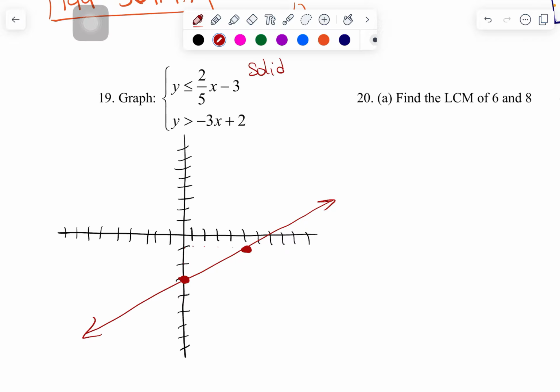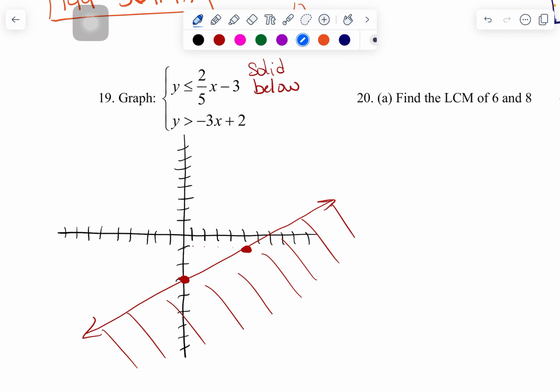All right, and then my shading, because it's y is less than, that is going to be shaded below my boundary line. Okay, that's the first one.